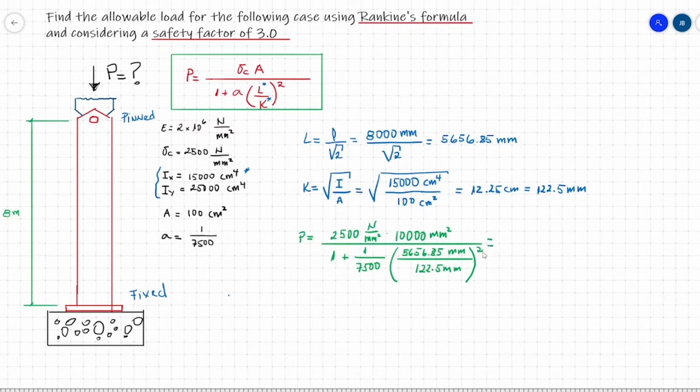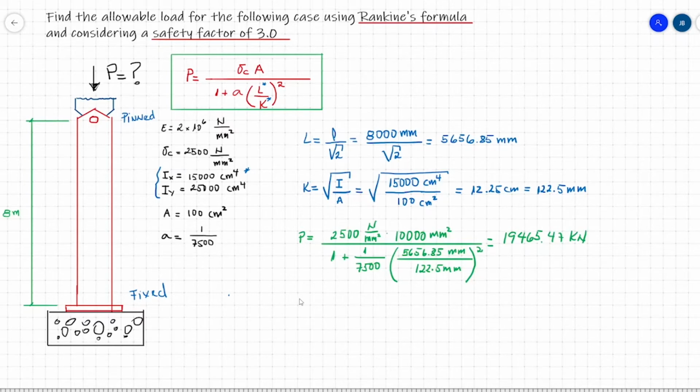This is going to be equal then to 19,465.47 kilonewtons.